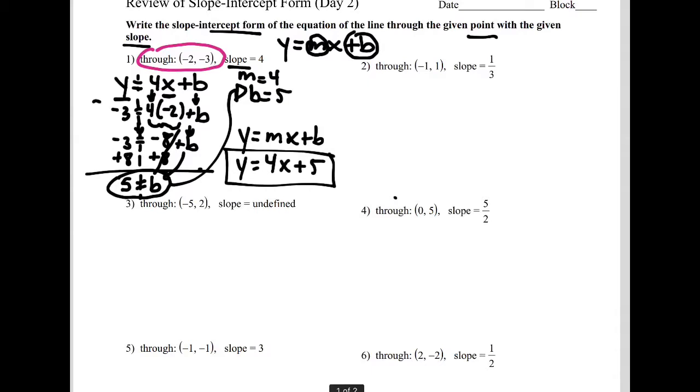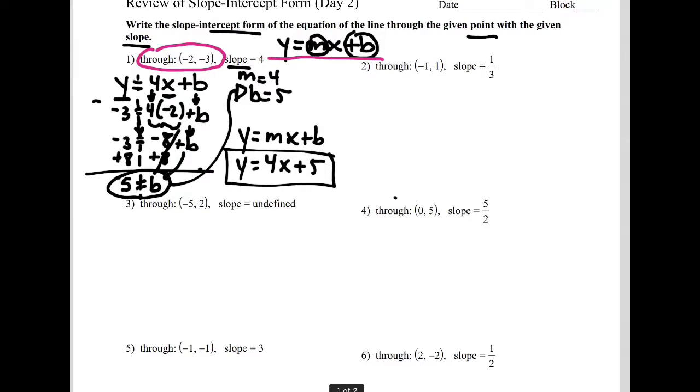Remember, in general an equation is kind of like a machine that'll generate all the coordinates that are on the line. So we don't want to just put one of the coordinates in there as if it's the only answer, because then it will never produce the line. So just leave your answer with the m in there and the b in there, because that's all you need for slope-intercept form of a line.